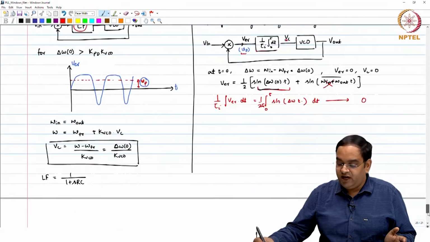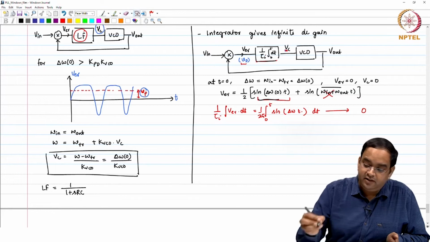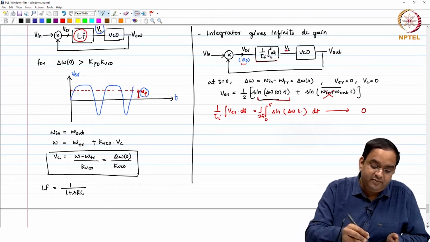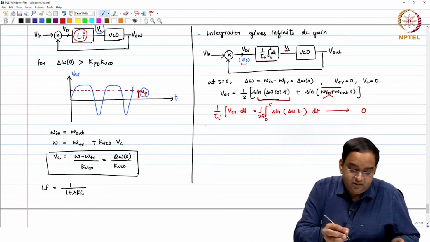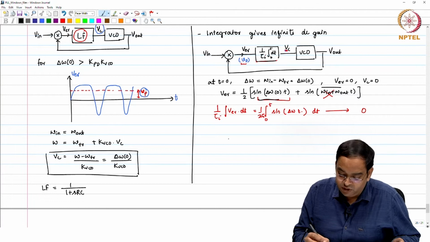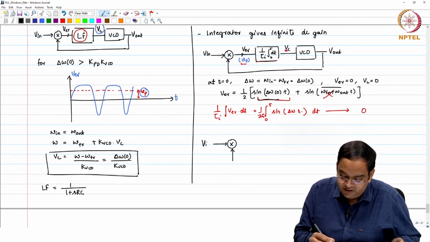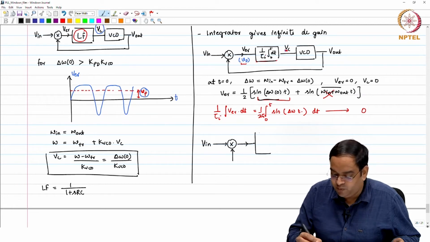We need to provide the pull-in voltage for the integrator, and at the same time we need to integrate the pull-in voltage to get the frequency locked. So, what we need to do is the following: you give this as V in, this you get as V error. V error goes to two paths.